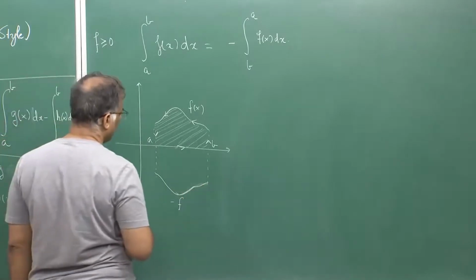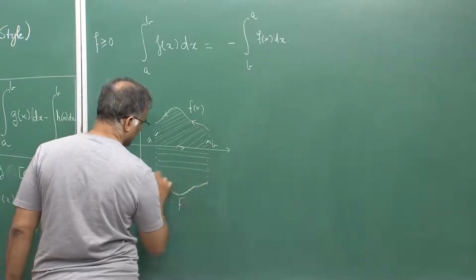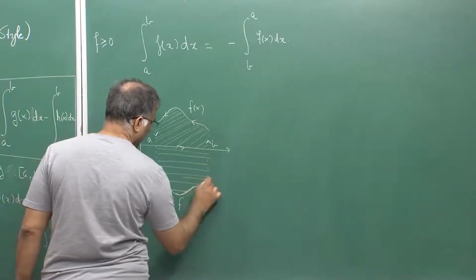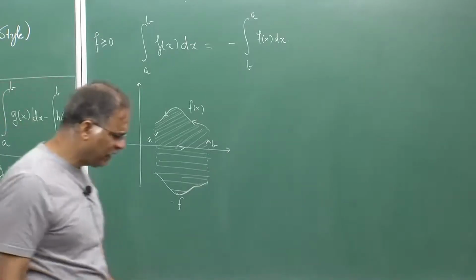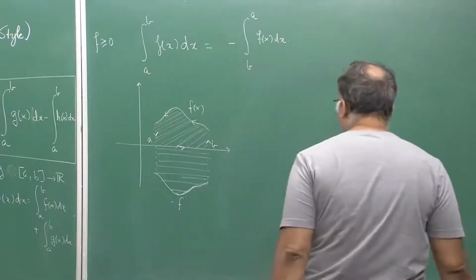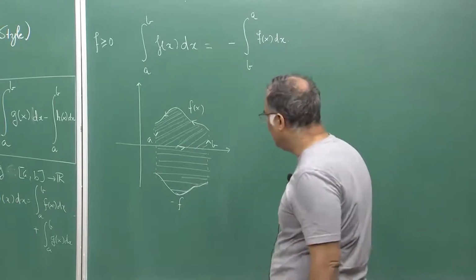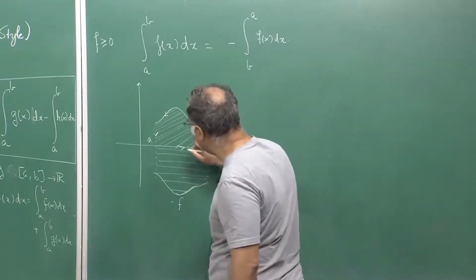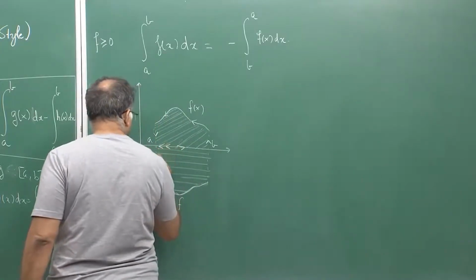So this is nothing but minus f. So now I write the area in this way. Now, if I want to say that the area is non-negative, when will I consider this area non-negative? If I start walking on the boundary in a counterclockwise direction, it means here my walking direction should be this.